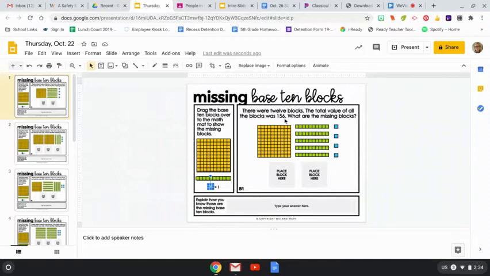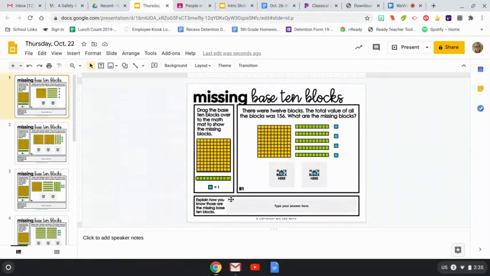Well, I can think to myself that 156 is 2 away from 154. So I'm going to add 1, 2. I place the blocks here. So now I should have a total of 12 blocks. Let's count: 1, 2, 3, 4, 5, 6, 7, 8, 9, 10, 11, 12.